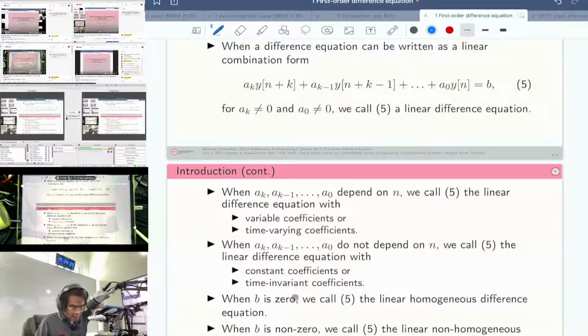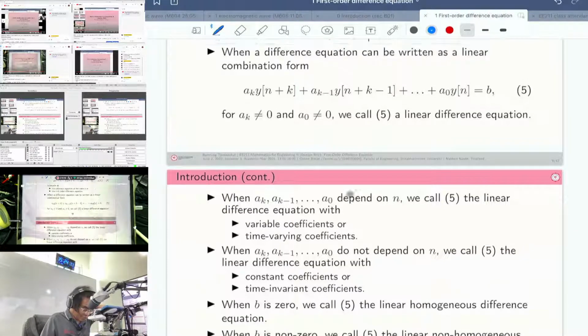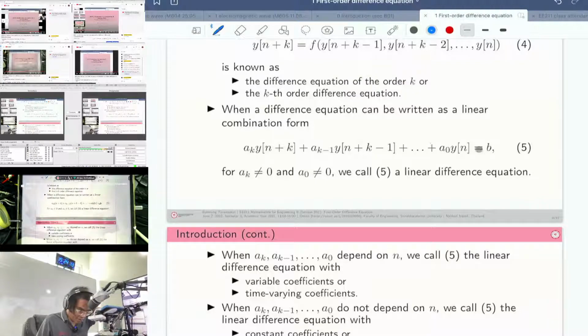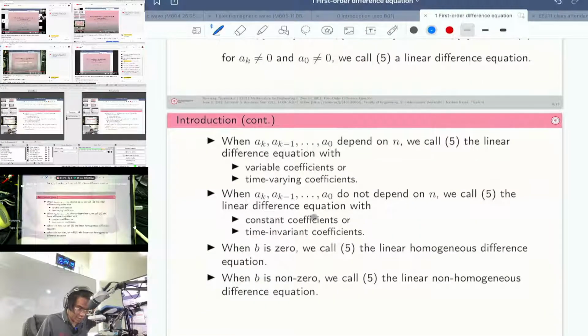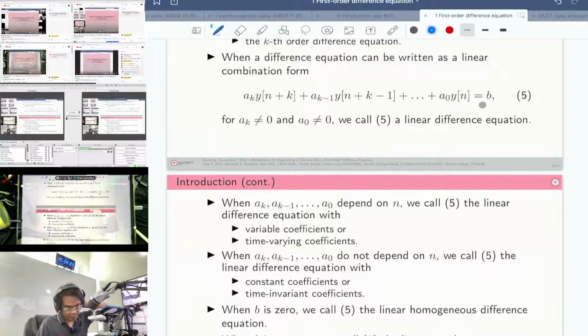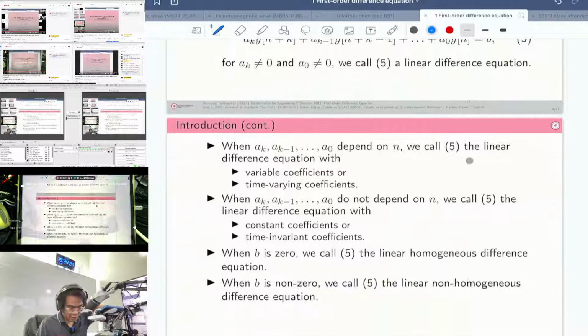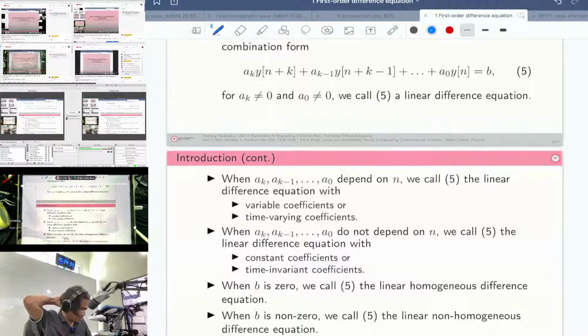If b is 0 in equation number 5, that is, if the right hand side is 0, we are going to get a homogeneous difference equation. If we don't have b, or b is 0, we call that equation a linear homogeneous difference equation.